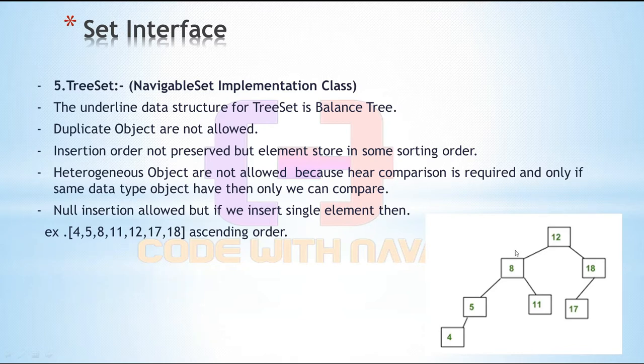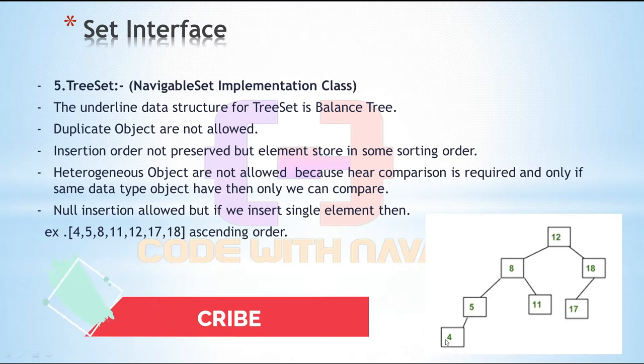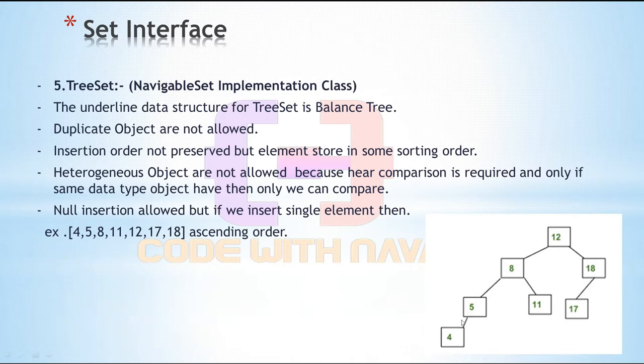Whenever we store multiple elements in a TreeSet, internally it follows this balanced tree, and by using it, elements follow ascending or descending order. Duplicate objects are not allowed.